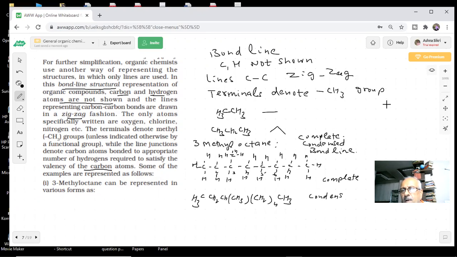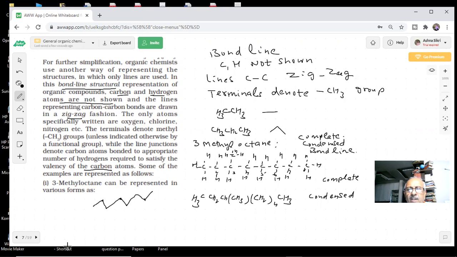Condensed form. Now I have to write the bond line. How many carbons are we saying in this? 8. This is my 8th carbon. So we have to show it by zigzag. 1 carbon, 2, 3, 4, 5, 6, 7 and 8.